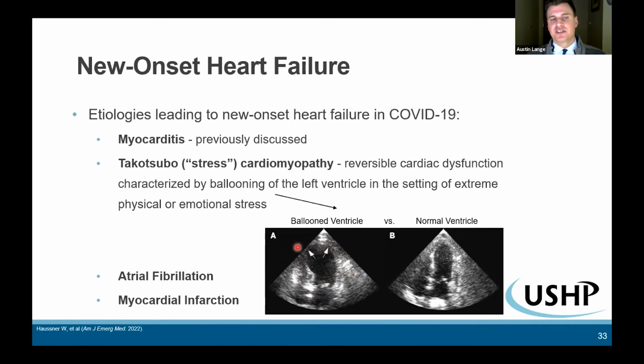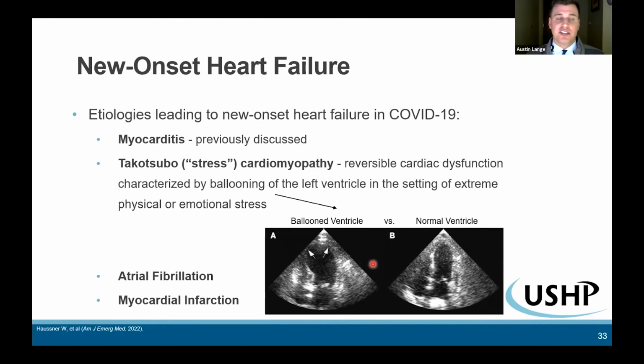This is when this happens. You can consider COVID being obviously extreme physical stress that the body's enduring, but also emotional stress. The patient might be not able to see family, not able to predict what this illness is going to do to them. So this situation can happen, and sometimes it doesn't exactly reverse totally.